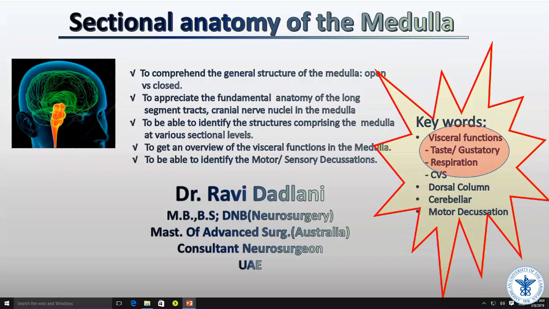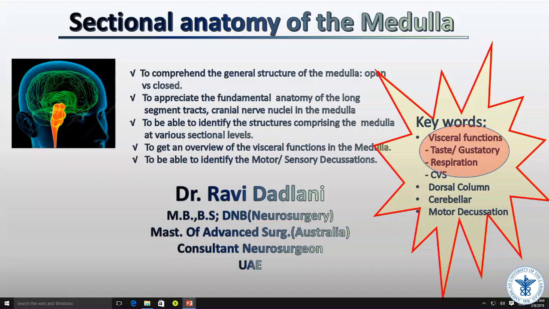It's all visceral functions. So the localization of these functions in the brainstem is more diffuse than the pons or the midbrain, and therefore it may appear a little confusing, but you should stress only on the important aspects of this. There is a lot of overlap between the cranial nerves, which does not happen in the pons or in the midbrain.